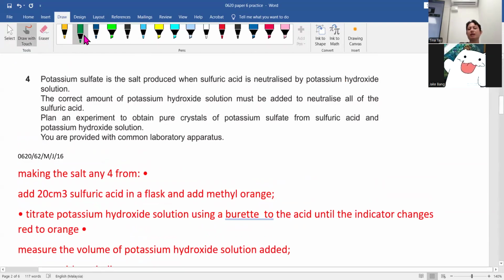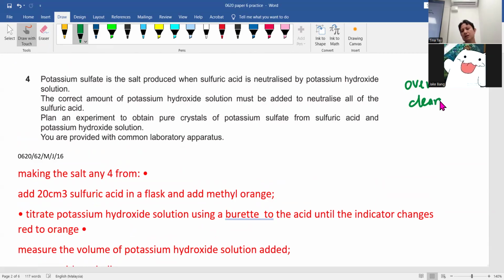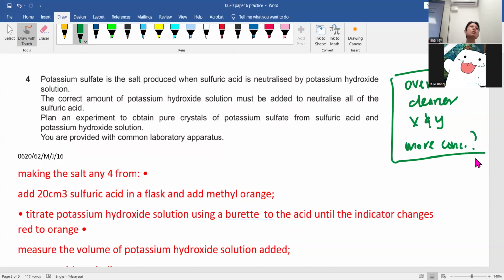Do you remember the one about the kitchen oven cleaner? So one thing is they will say oven cleaner X and Y. Okay, which one is more concentrated? Oven cleaner is alkali. You see which one needs more acid to neutralize.